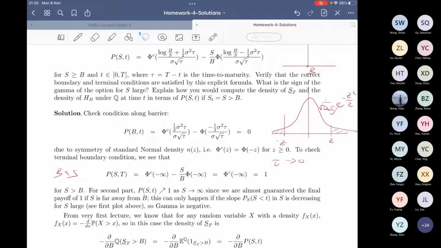So in the limit you get phi C of minus infinity minus S over B phi of minus infinity. Phi C of minus infinity is 1 and phi of minus infinity is 0, because phi C of minus infinity is the probability that a standard normal is greater than minus infinity, which is of course 1. So the answer comes out to be 1, and that was assuming that B is less than S.